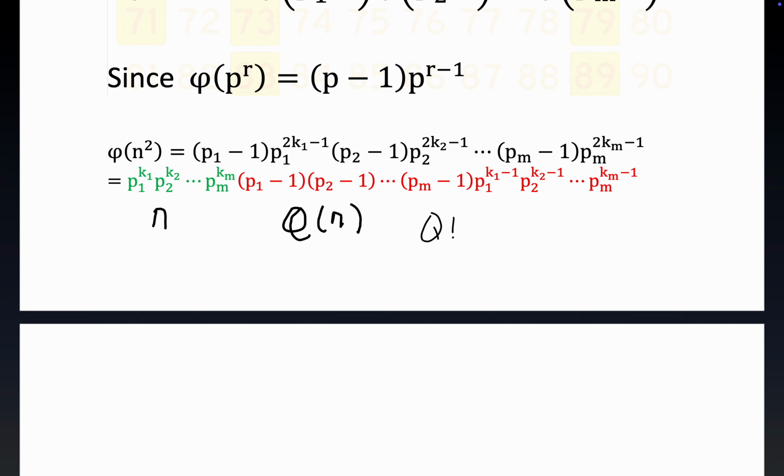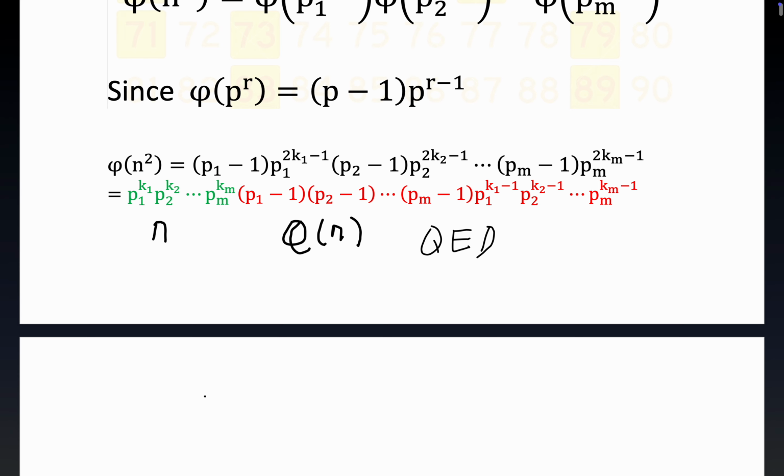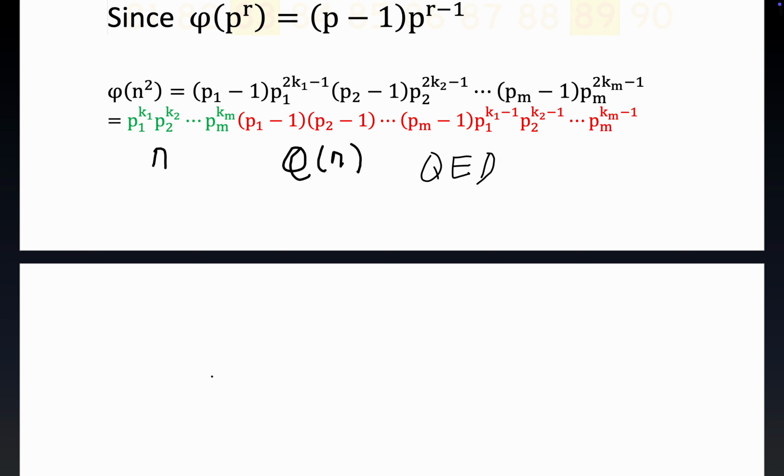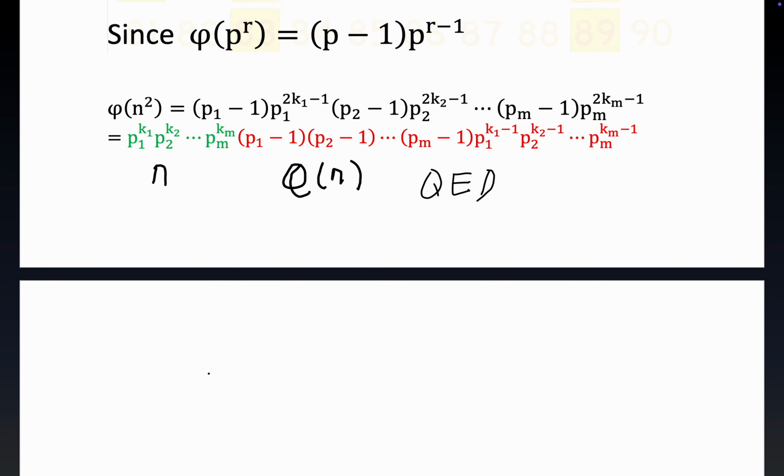I got a smaller marker. All right, so now let's just look at a concrete example of that. Let's do phi at 7 squared.